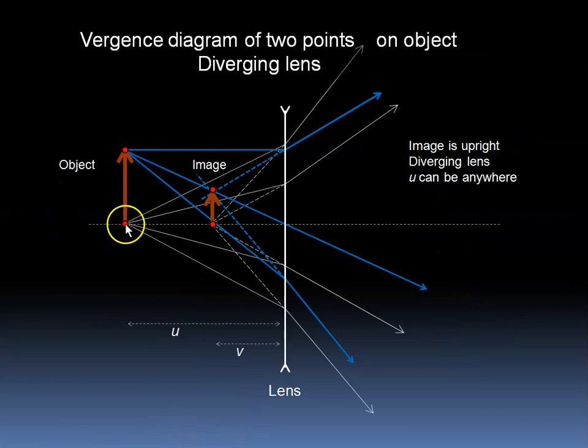Here we can see the bottom point has its corresponding image point and the top point has its corresponding image point. All the in-between points can be inferred to have their corresponding image points. Note that the image in this virtual image is upright, unlike the case of the real image before, which was inverted.